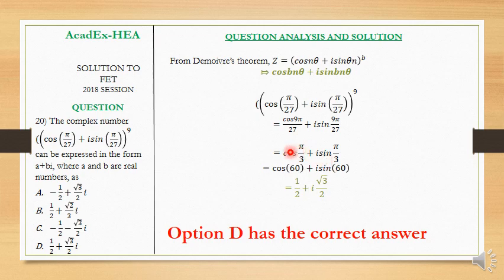Now pi on 3 is the same as 60 degrees, and cos 60 is half, and sine 60 is root 3 on 2. So we are going to have half plus i root 3 on 2, and we can find this in option D. Option D has the correct answer.